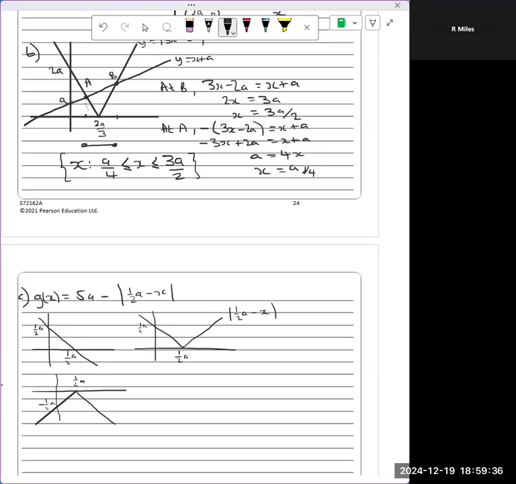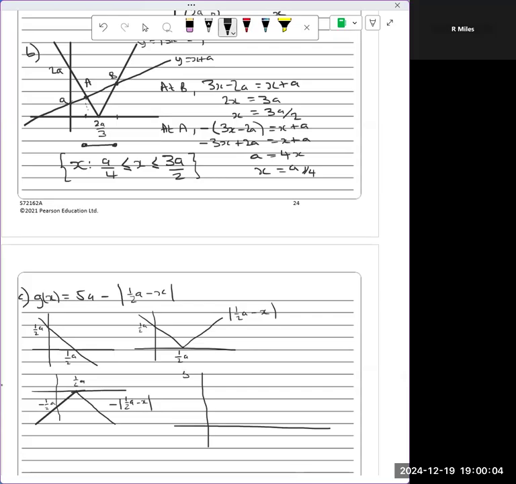And now the last part, so this is minus the modulus of a half a minus x. We now just need to shift it up by 5a. Okay, we need to do a vertical translation by 5a. So what's going to happen now is the whole thing moves up. So where it's currently the value of the function is 0, that is going to be 5a.